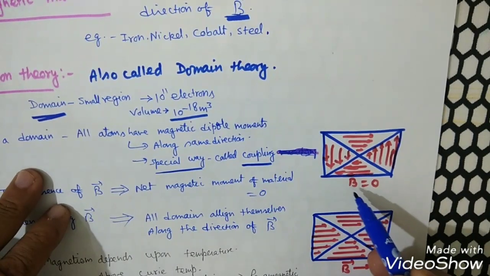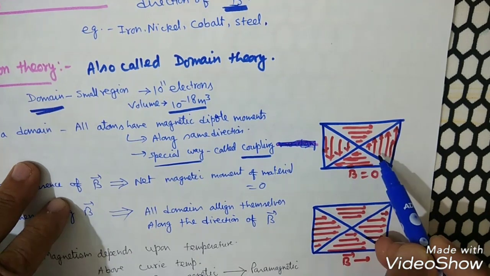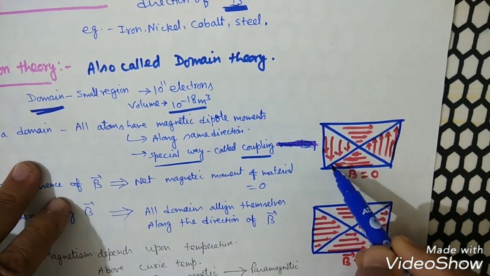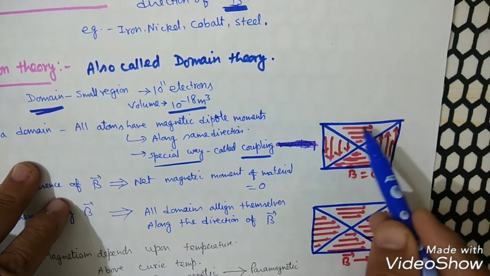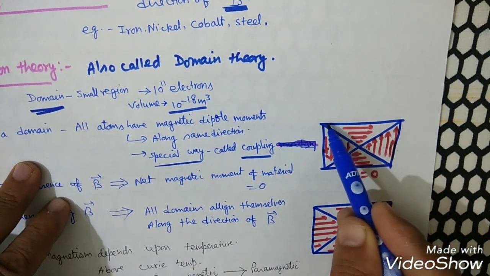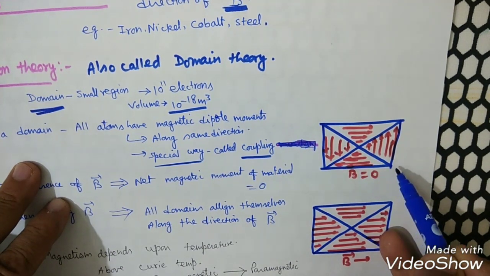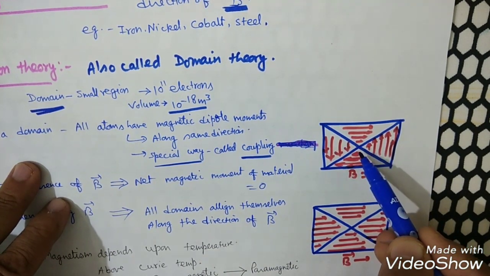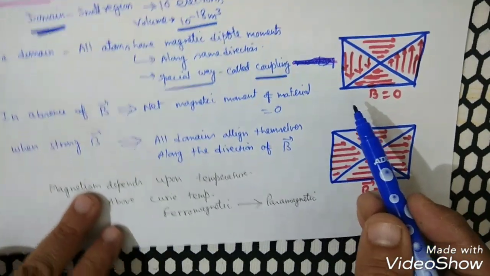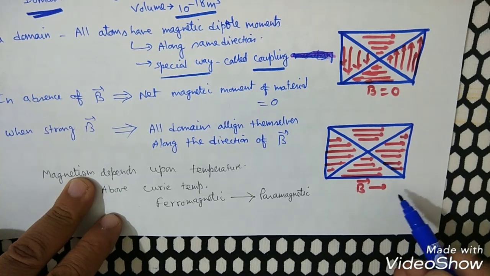But in absence of an external magnetic field, these domains are randomly aligned. The effect is that in absence of an external magnetic field, the net magnetism or net magnetic dipole moment of the material is 0. When this ferromagnetic material is placed in an external magnetic field, what happens?